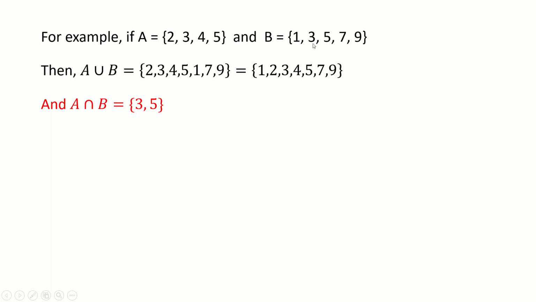Similarly, 5 is also already there in A, so 5 is not rewritten. So 1, 7 and 9. Thus A union B means 1, 2, 3, 4, 5, 7, 9. And A intersection B means the common elements of A and B. What are the common elements? 3 and 5. So this is A intersection B. Got it?